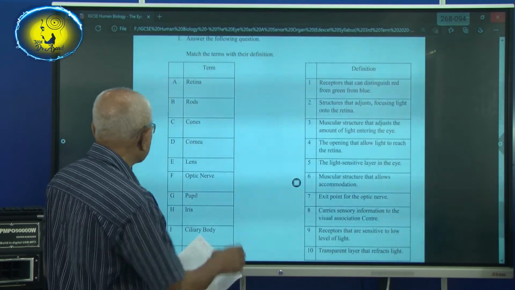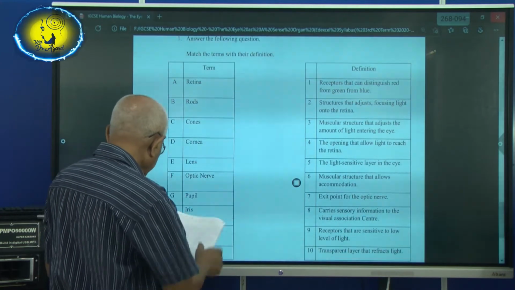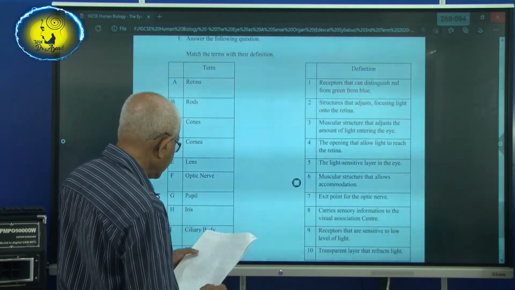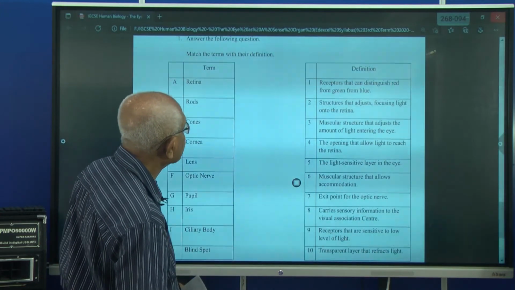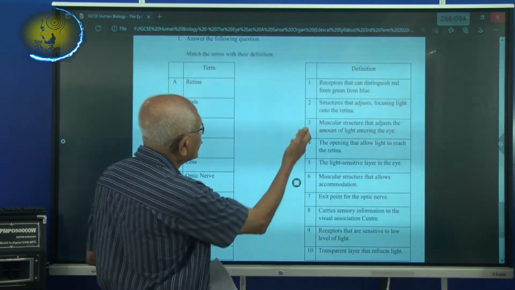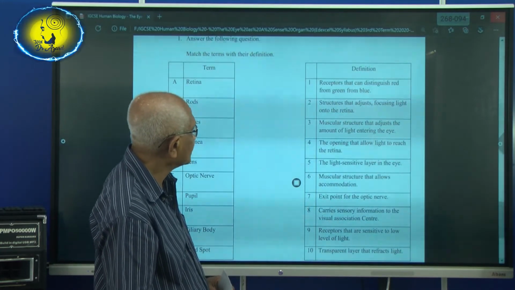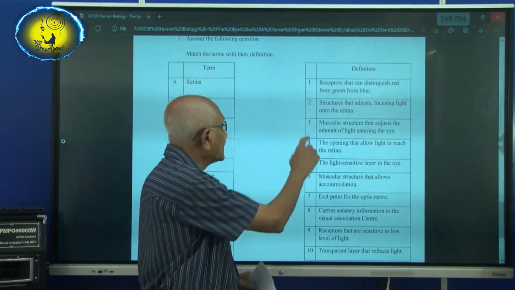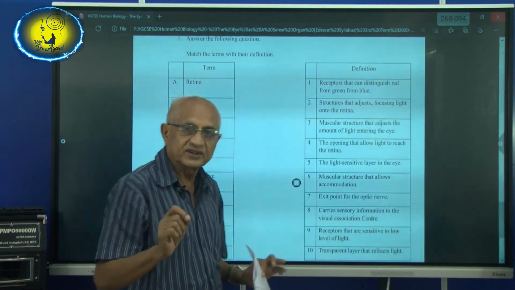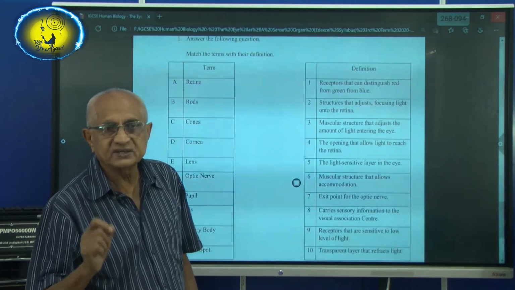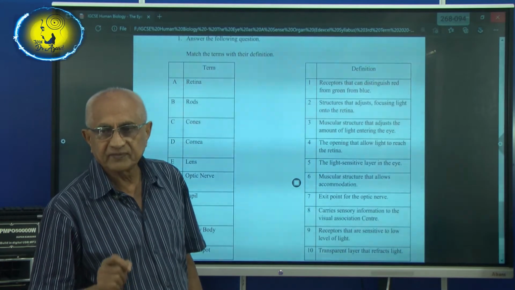Look at the lens, E. What is the best definition for that? If you look at this, number 2, structures that adjust focusing of light onto the retina.